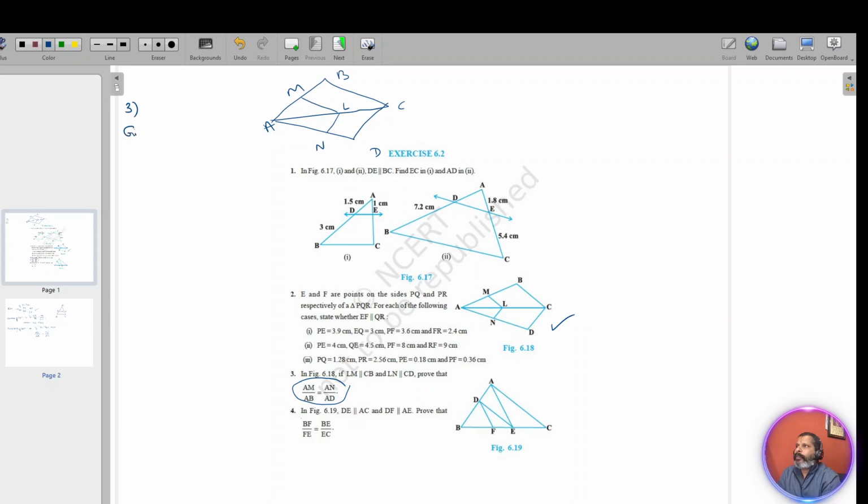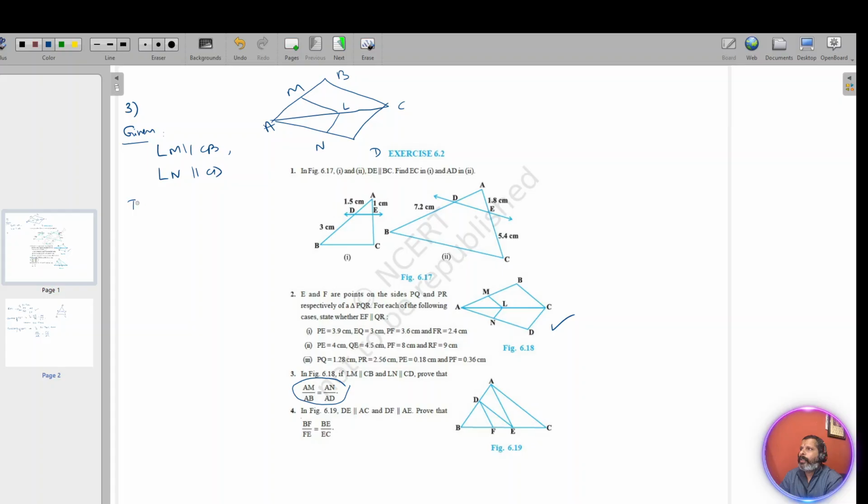We'll write in the theorem format only. Given: LM parallel to CB, LN parallel to CD. If you make a practice of solving geometrical problems in the theorem form, even if I don't know the answer to this question, I can show how much I can write.